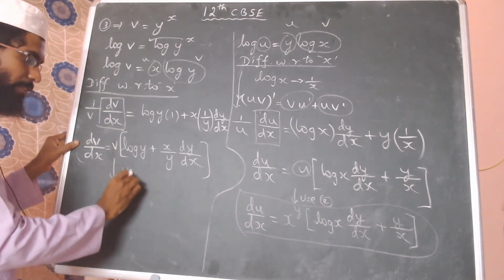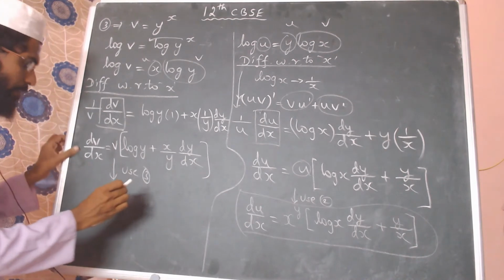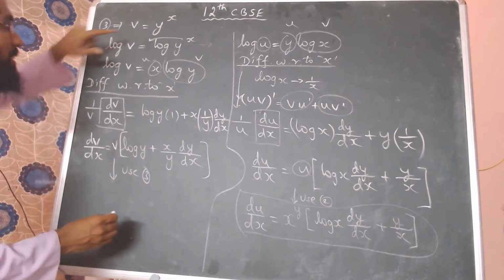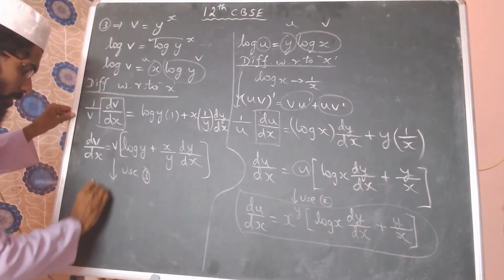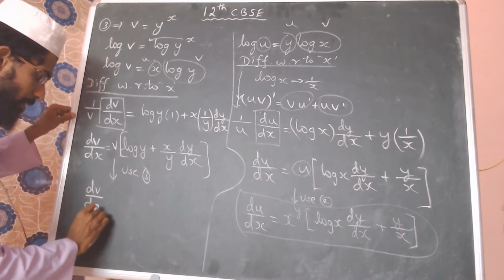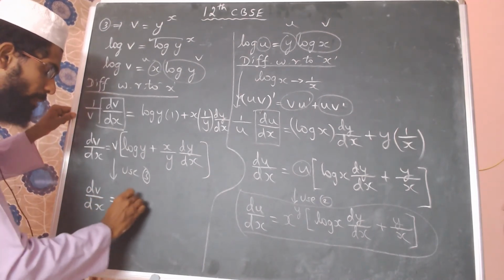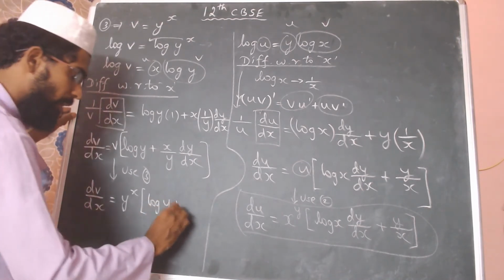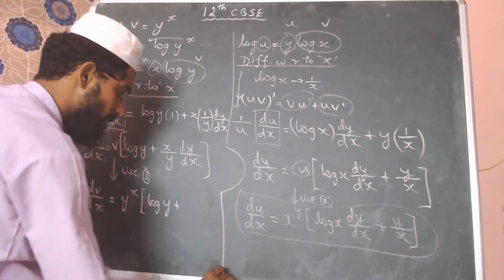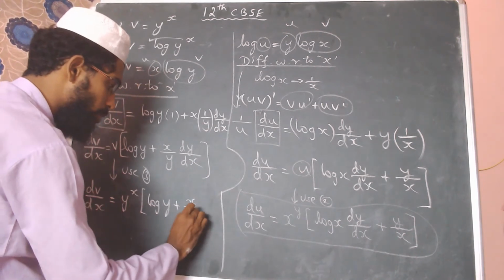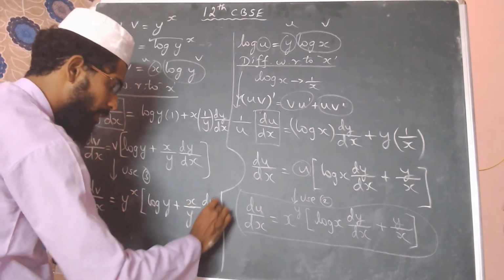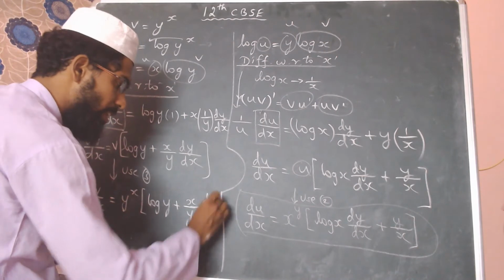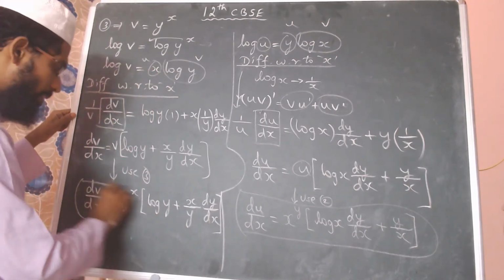According to equation 3, v is nothing but y power x. So dv by dx equals y power x into (log y plus x by y into dy by dx). So this is my dv by dx.